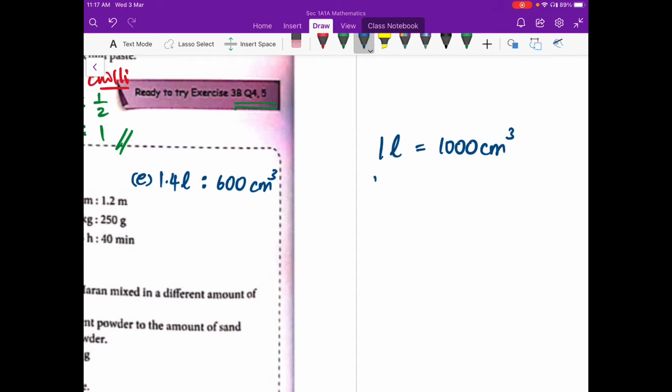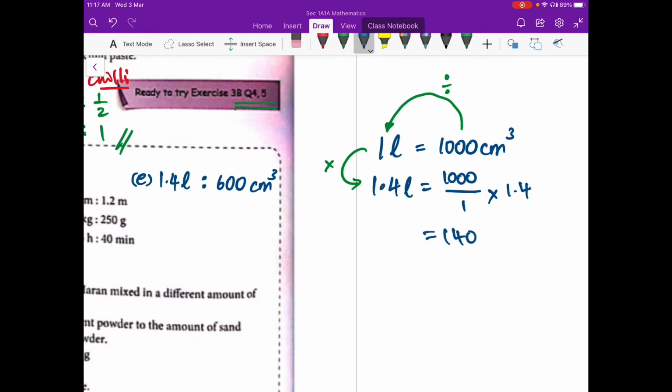Then we want 1.4 liters. To do the conversion, do your division. This is a division, this is a multiplication. So 1,000 divided by 1, 1,000 over 1. Then multiply by 1.4. And you get 1400 cubic centimeters.